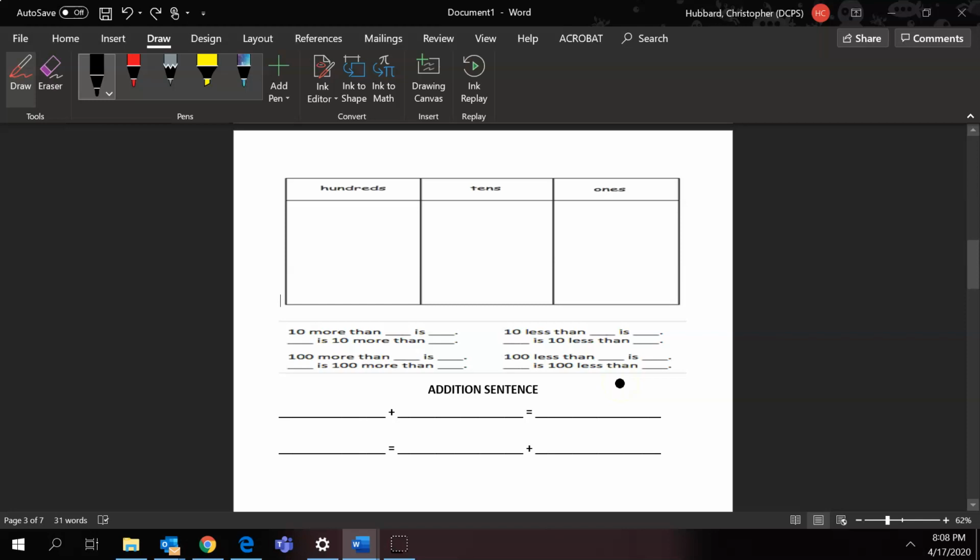So, for example, if I say 121, 131, 141, 151, 161, you say 10 more, okay? But you're going to wait until I say go, okay? All right, so let's get started. 135, 145, 155, 165, 175.